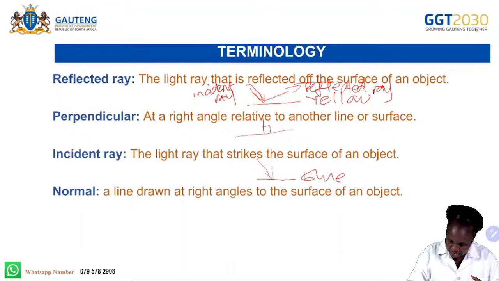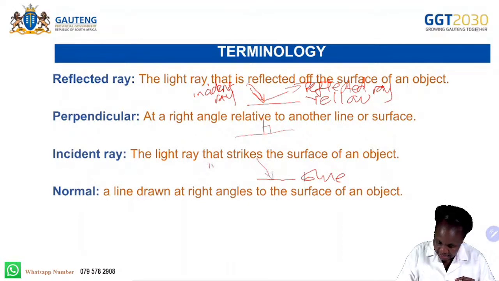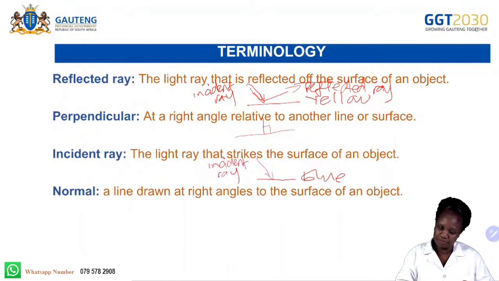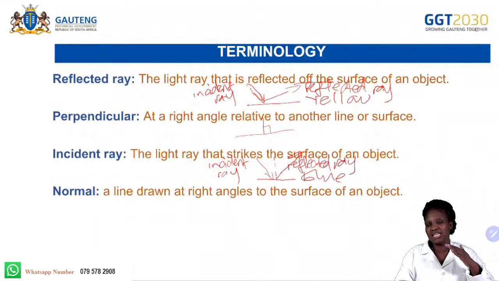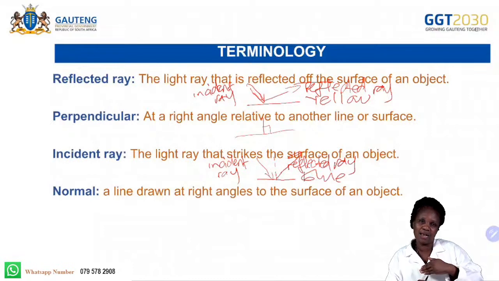The incoming ray is called the incident ray. And then there will be a normal here. Okay. And then the outgoing ray is the reflected ray. Therefore, the incident ray is the incoming ray.